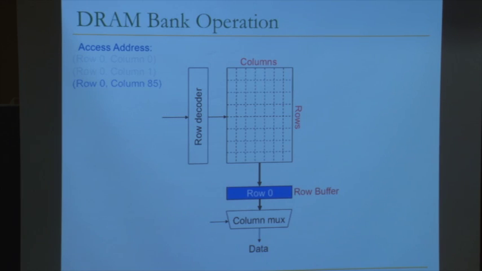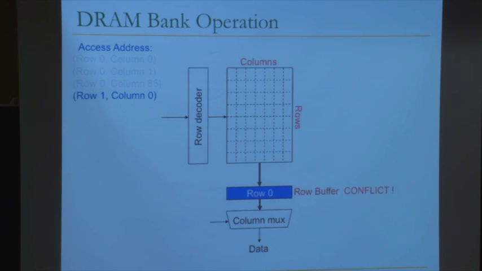Which is nice. Let's say the processor needs to access row 1 now and column 0. Well, row 0 is in the row buffer, so the memory controller cannot just send the column address. So now what it needs to do is it needs to close this row. This is called a row buffer conflict, by the way. The memory controller is accessing a row that's different from the row that's already open in the row buffer.